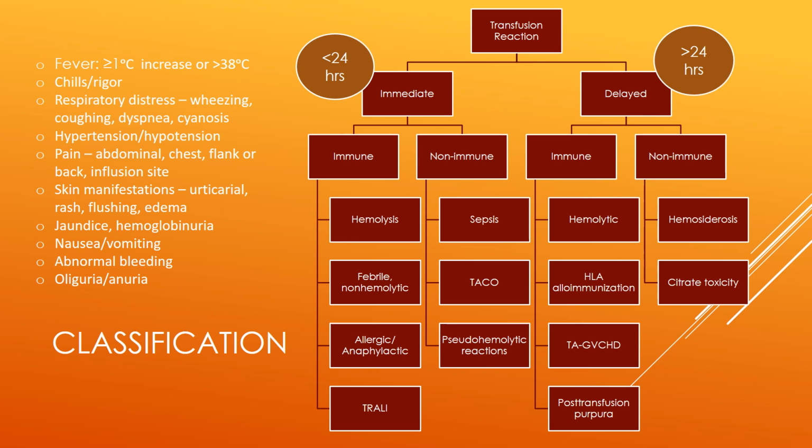Probably the most consistent sign of an immune response is fever, any kind of increase in the temperature greater than or equal to 1 degree Celsius, or greater than 38 degrees Celsius. If the patient already starts out with a fever over 38, then you're looking for that greater than or equal to 1 degree increase. But if their temperature is normal, anything over 38 will be a problem.